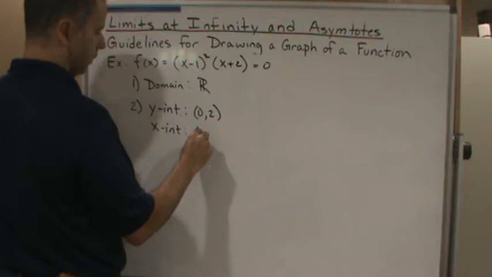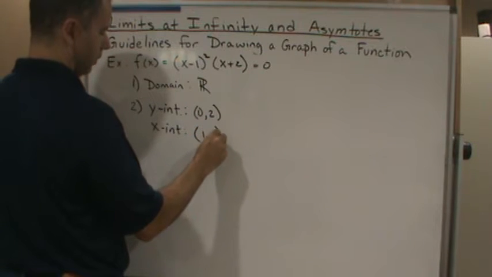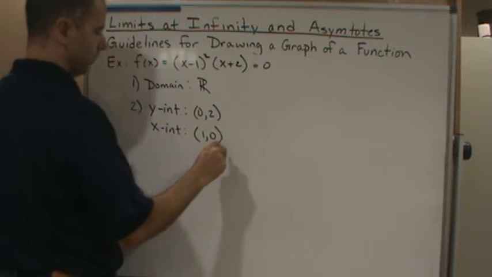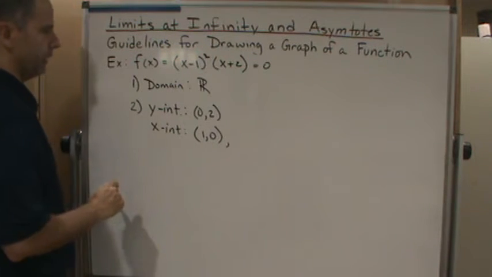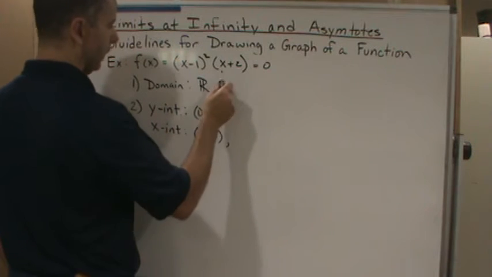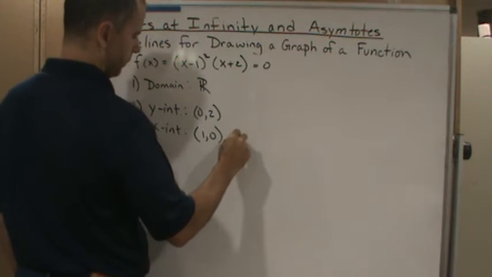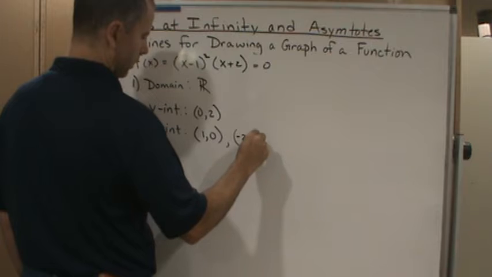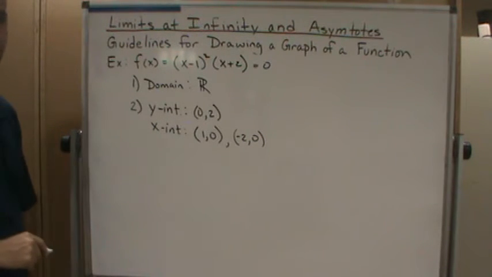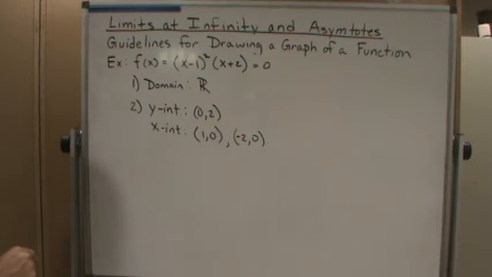So one of the x-intercepts is 1, comma 0. And the other x-intercept is negative 2, so negative 2, comma 0. Now we've got our y-intercept and 2 x-intercepts.